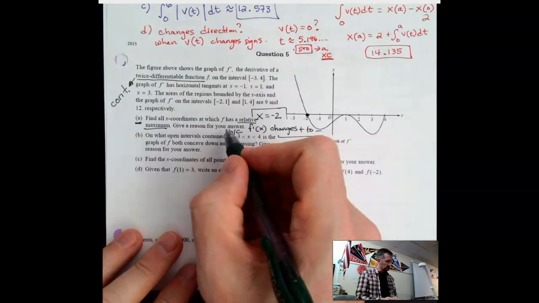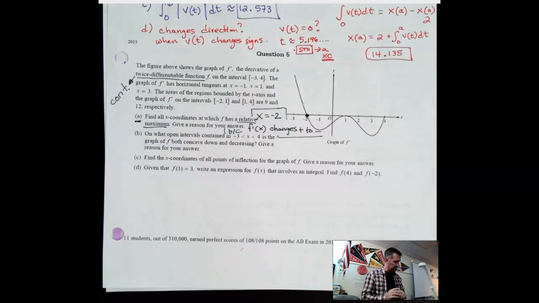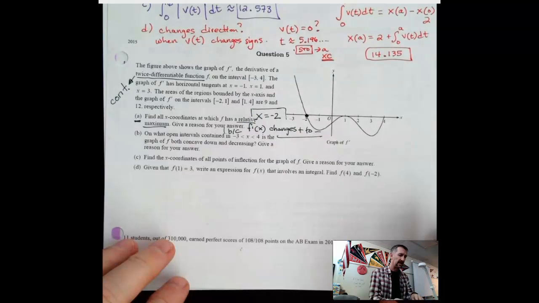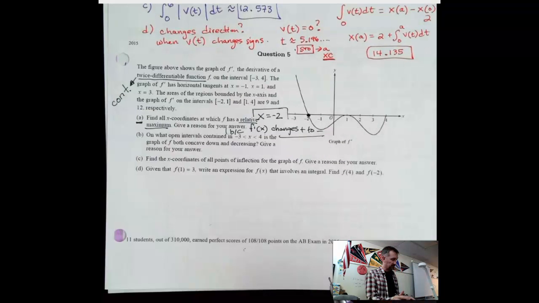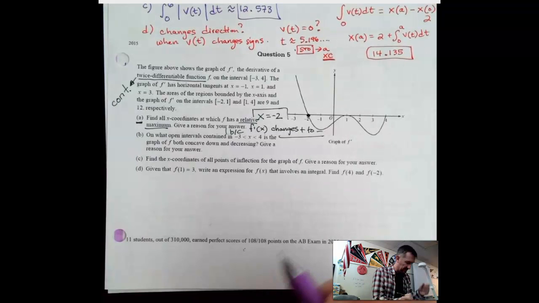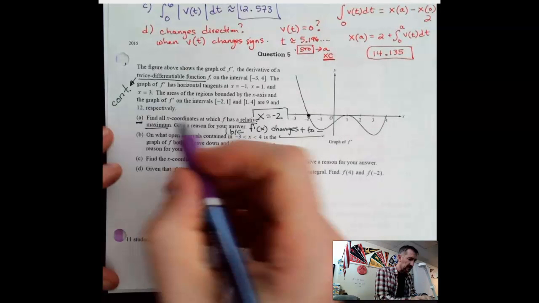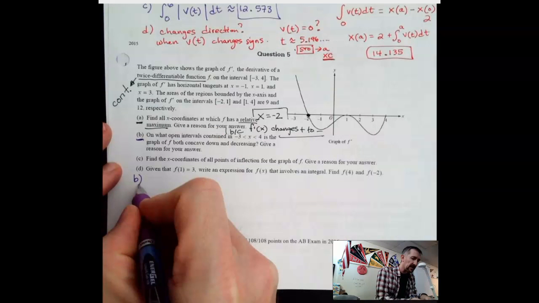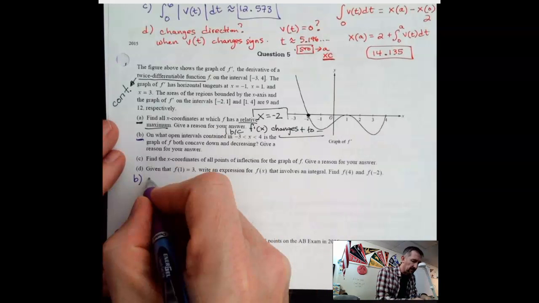All right, so let's look at B. On what open intervals is the graph both concave down and decreasing? Okay, so let's think about that. I don't think I can squeeze that in there very well, so I'm going to move it down here. So B. It says concave down.